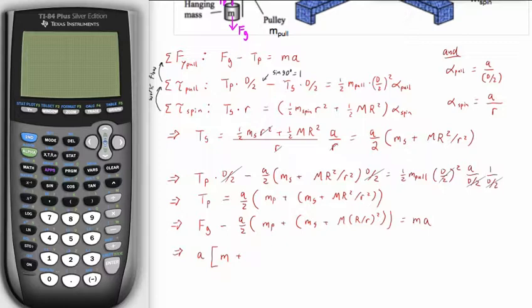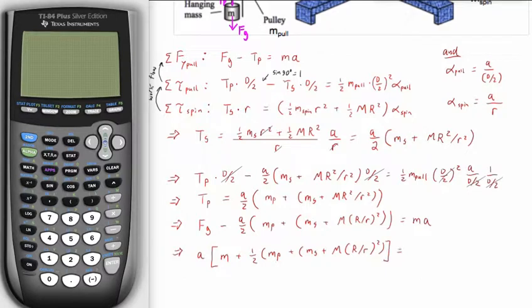Okay, so we factored out our a, and so then we have a 1/2 MP plus MS plus big M R over R squared. Okay, that closes that off, and then bracket. Okay, looks good.